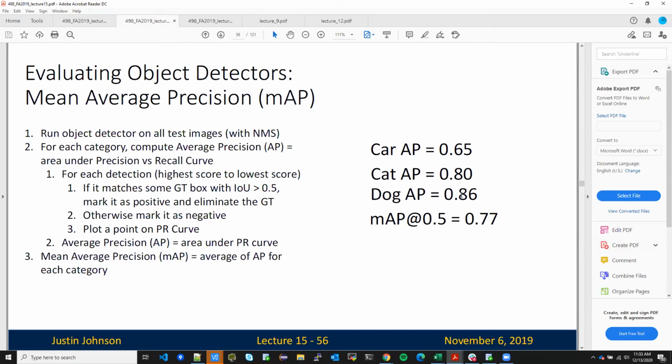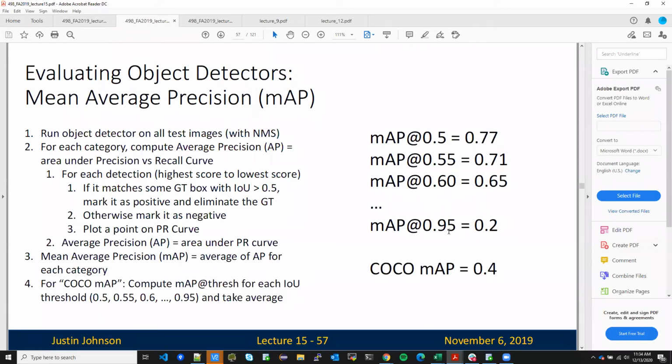Then you take the mean across your categories, and now you have a mean average precision at an IOU of 0.5. Any questions so far? That is, I think, at an IOU of greater than or equal to 0.5. Yes, at or greater than 0.5.